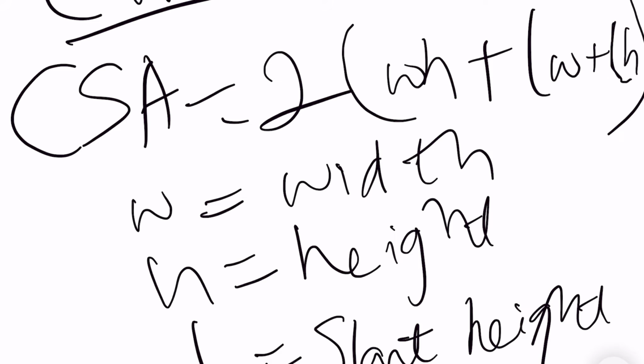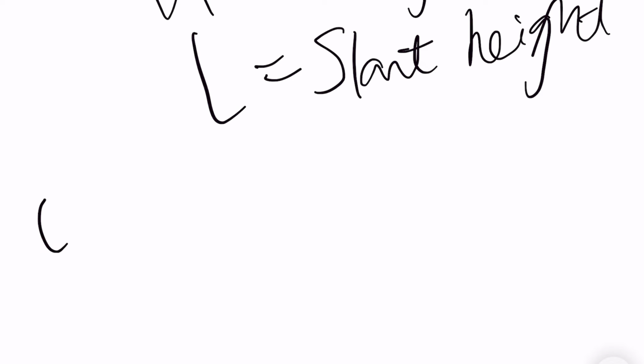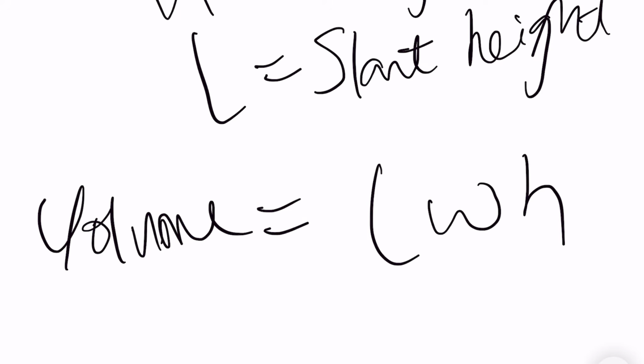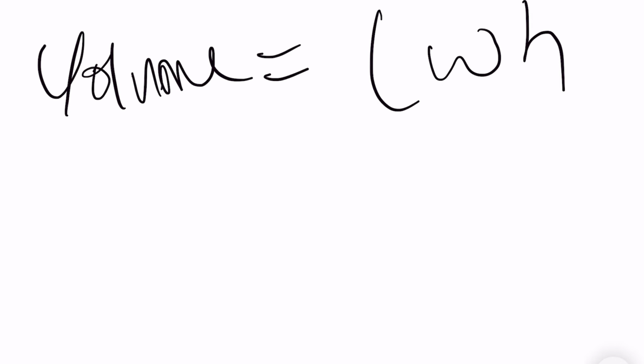This is the formula for the curved surface area of a cuboid. A cuboid does not have the total surface area. Now for the volume, we have LWH, which is the length multiplied by the width multiplied by the height.